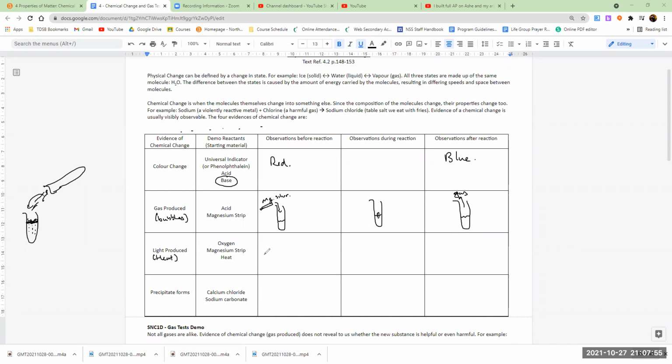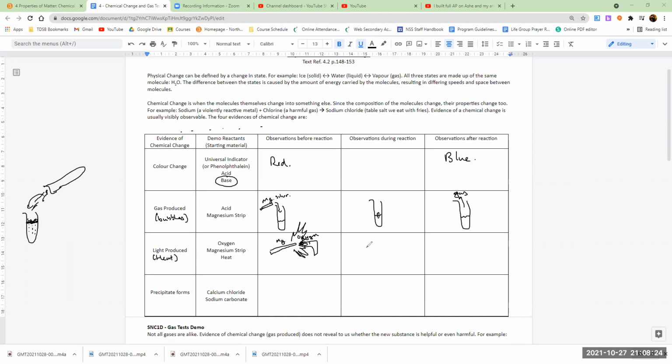Light. This one was a bit anticlimactic until I finally got it working. I had another piece of magnesium strip, and when I was able to heat it up with a torch, something really, really hot, it finally ignited, starting to react with the oxygen in the air, and it gave off a super bright light, very similar to a military grade flashbang.